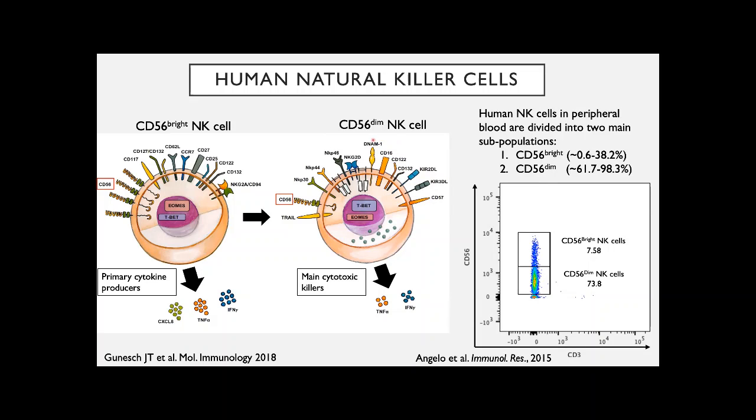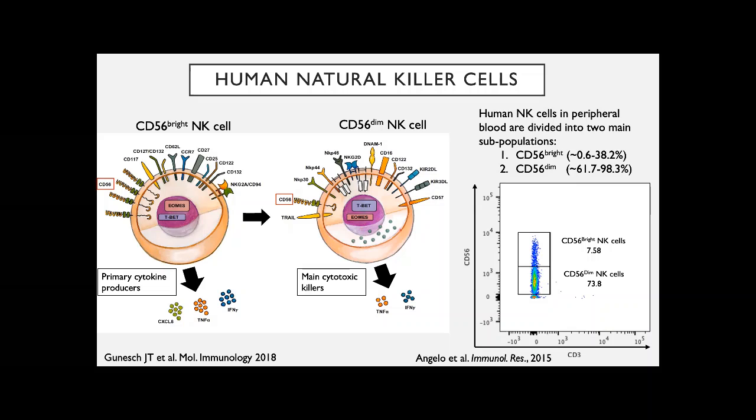And then they also express other markers that are associated with activation for cytotoxicity, so the natural cytotoxicity receptors and NKG2D. And they have slightly higher expression of TBET and slightly lower expression of EOMES than the CD56 bright cells. And these cells are generally thought of being the primary cytotoxic cells at baseline.